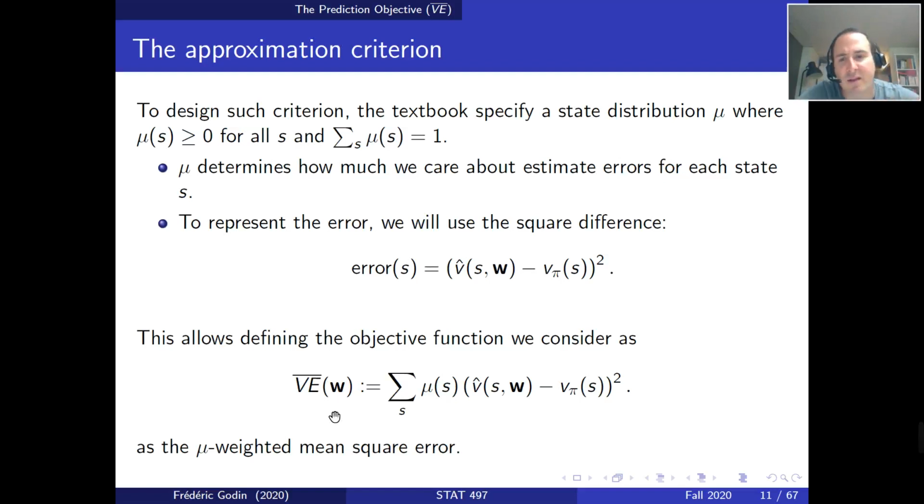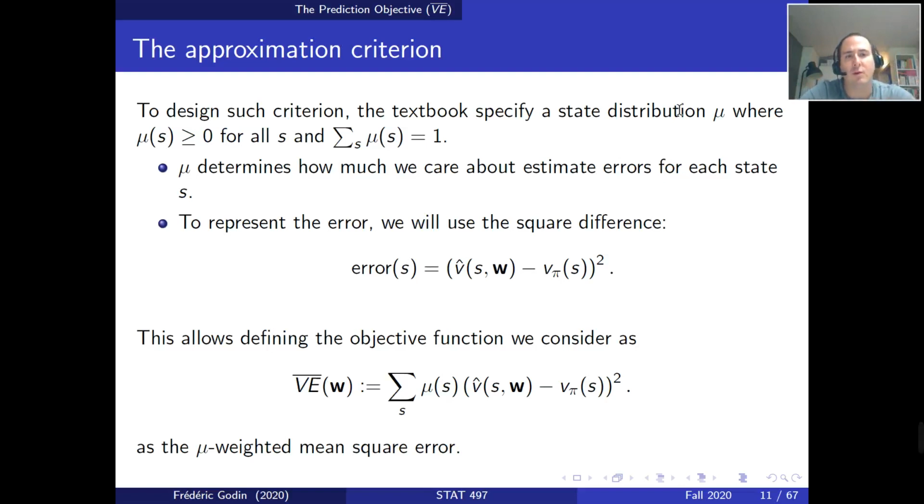First, to define that metric VE bar, we have to define some distribution mu over all possible states. This distribution mu will determine how much we care, or how much we weigh, the errors over the various states S. Maybe to determine how good our approximation is, we care more about the value of some states than the value of some other states.